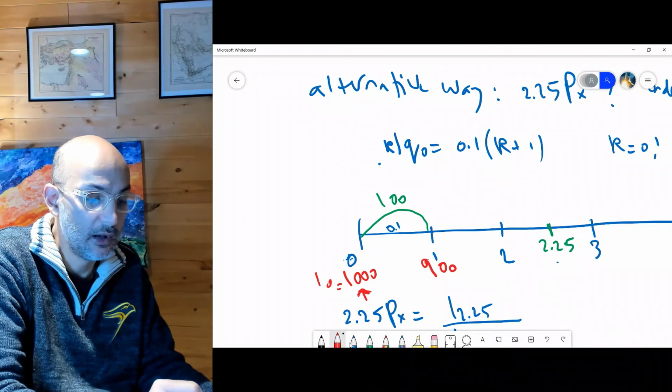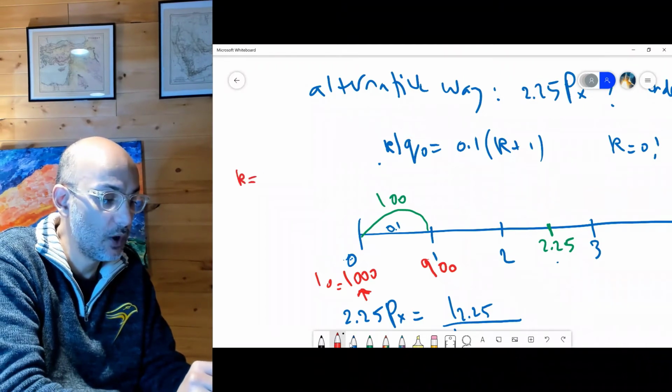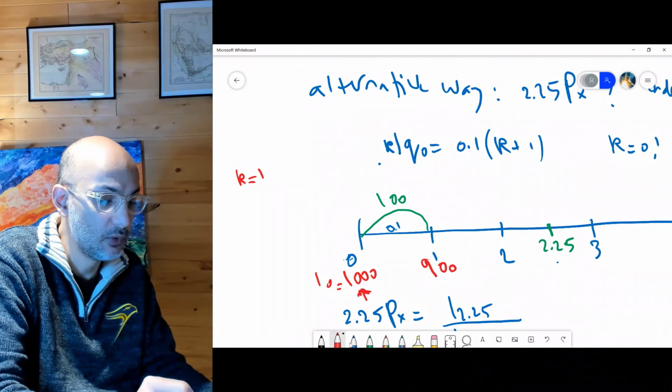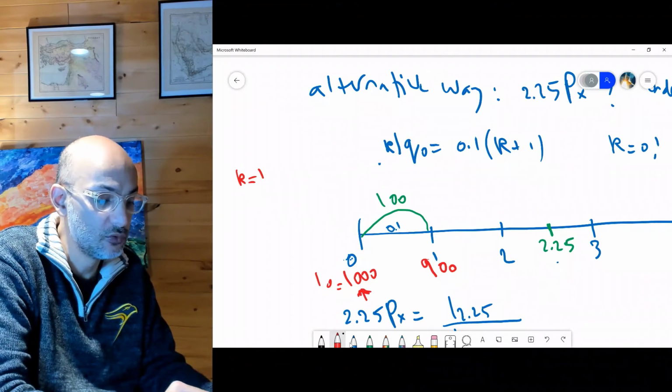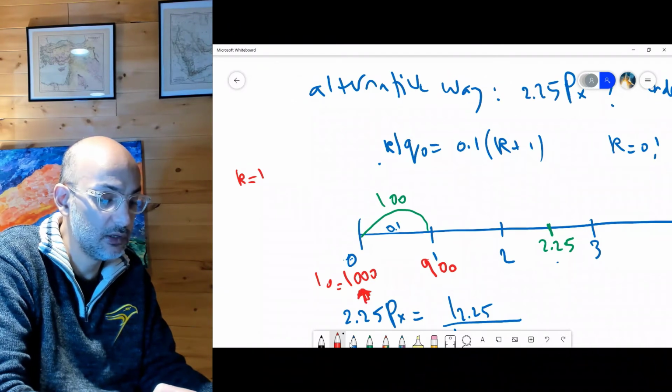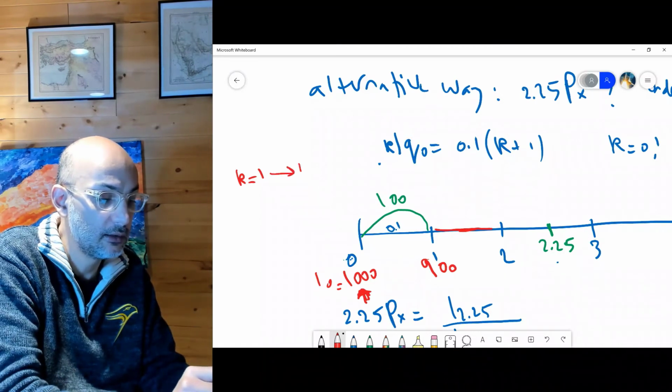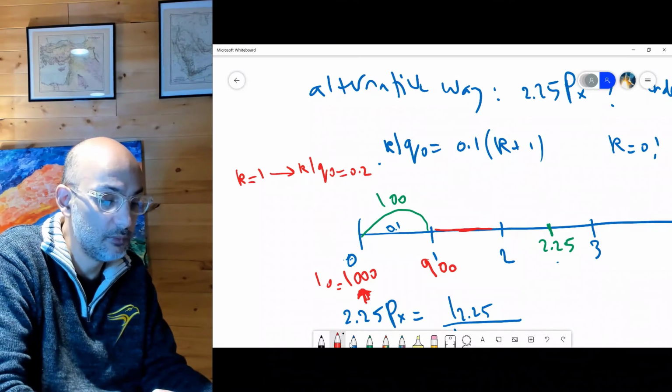Now if k equals 1, you are here, you plug in 1, it will be 0.2. Based on where you are, what is the probability of death here? Well, it tells us it's k = 1, then kq0 is 0.2. So this will be 0.2 now.